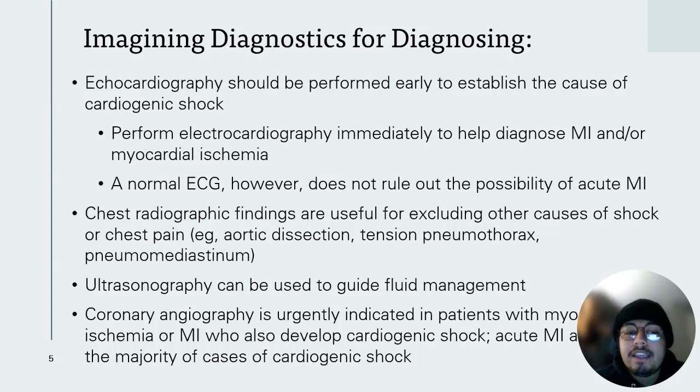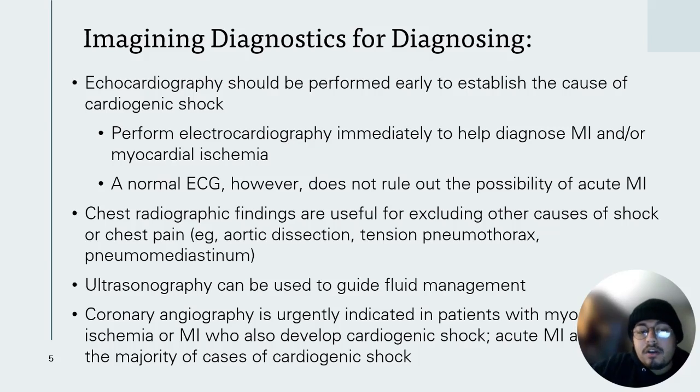A normal ECG, however, does not rule out the possibility of acute myocardial infarction. Chest x-rays are helpful for excluding other causes of shock or chest pain, because those clinical assessments can resemble a tension pneumothorax, so we want to rule that out, and a pneumomediastinum also.